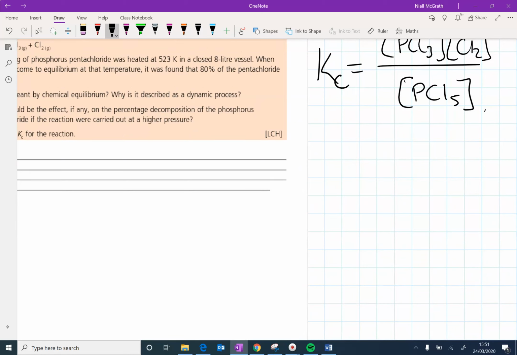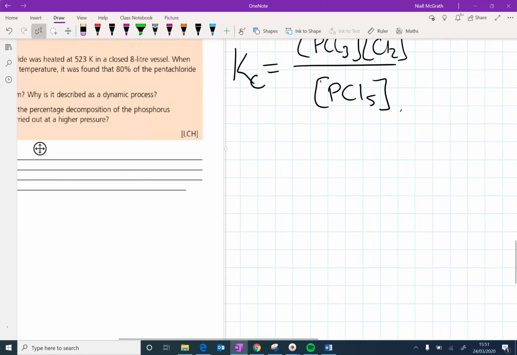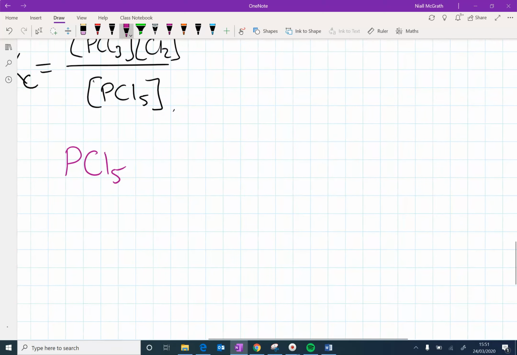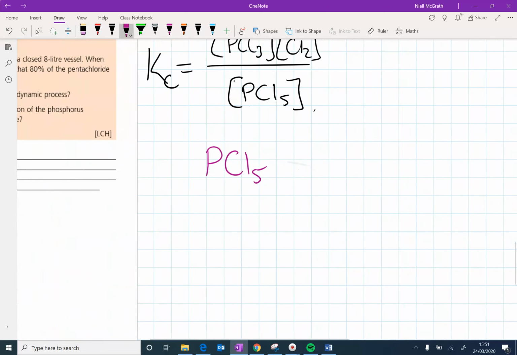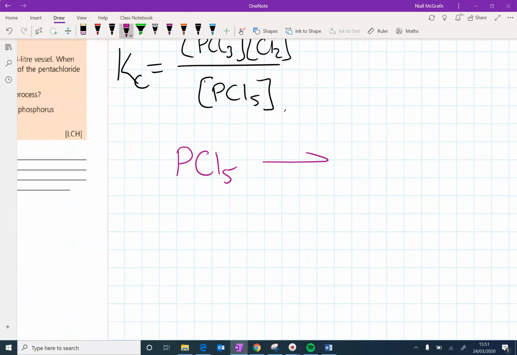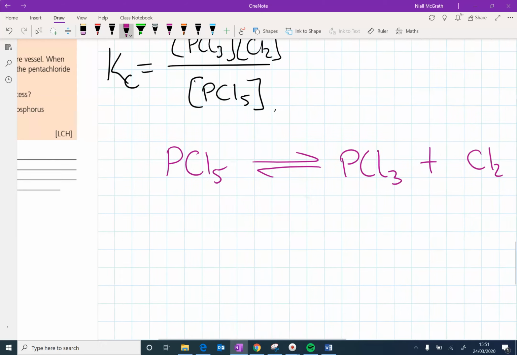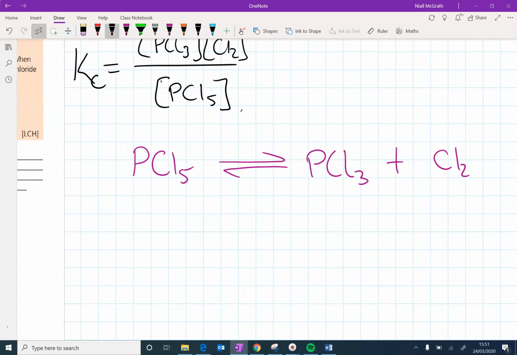If we look at our chemicals that we have, so PCl5 is in equilibrium with PCl3 plus Cl2. Okay, we're going to try and do one of our tables.